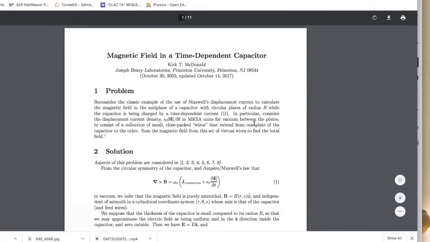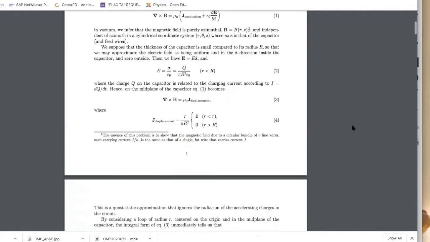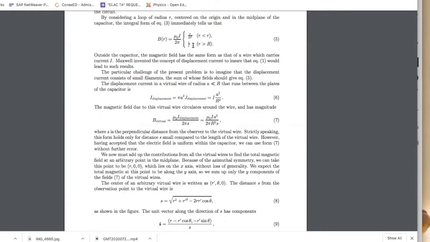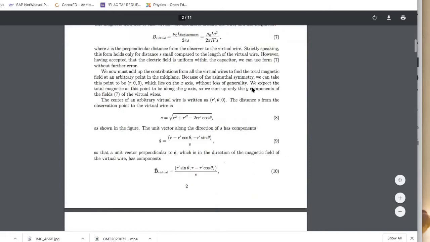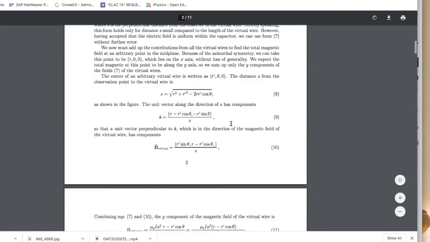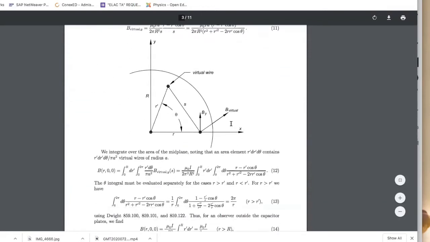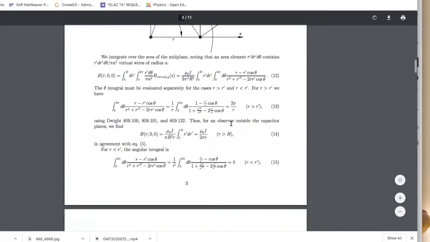Magnetic field in a time-dependent capacitor. Princeton University. It's a lot of the stuff we covered today. Look at that. R over R squared, 1 over R, right? So you guys are up there. Law of cosines, right? You guys should be able to understand most of this stuff.